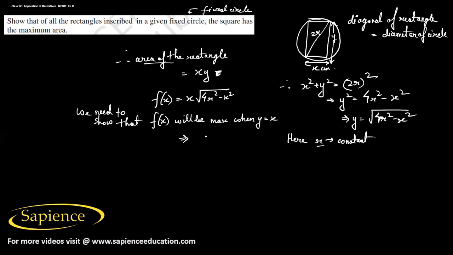It means that y is equal to x, so y square equals x square. So I can say that x square will be equal to 4r square minus x square. So therefore we can say that 2x square should be equal to 4r square.